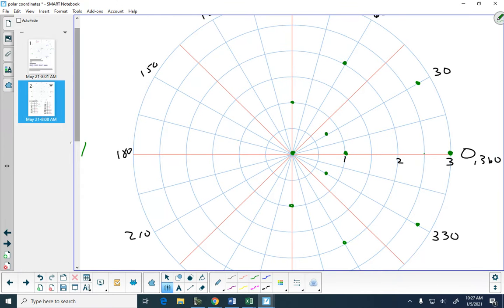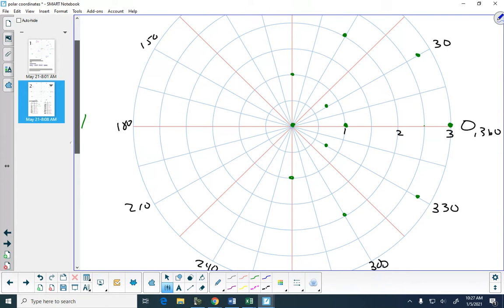So what we get is a bunch of points here. Now, how do we connect the dots? Well, once again, we're going to be dealing with some curvature here. When dealing with polar coordinates, how we graph is we start at our 0 and then go numerically around our polar graph paper.